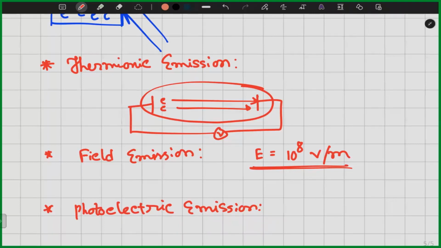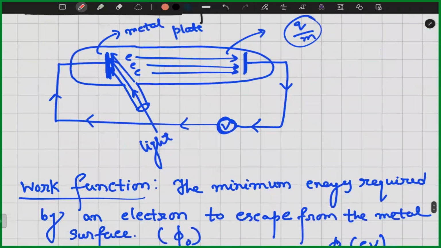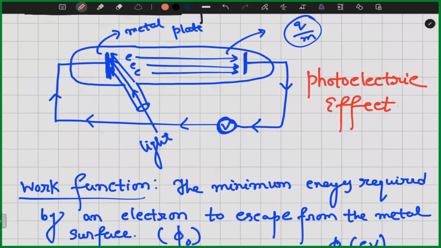So there are three types of emissions, and in photoelectric emission, those electrons are called photoelectrons. Very important, photoelectron. And overall, this phenomenon, if we irradiate light and electrons escape, is called the photoelectric effect.